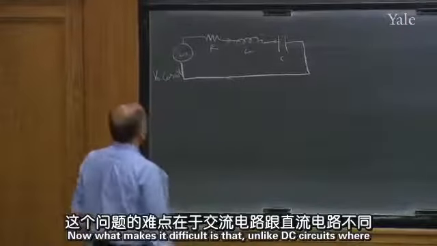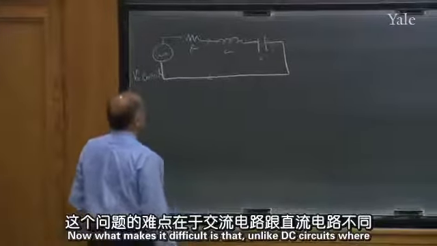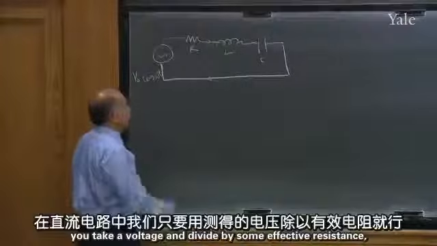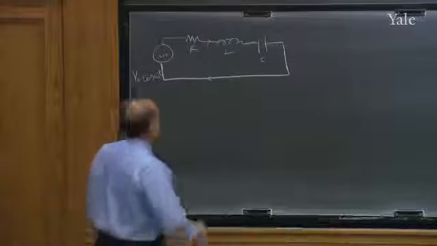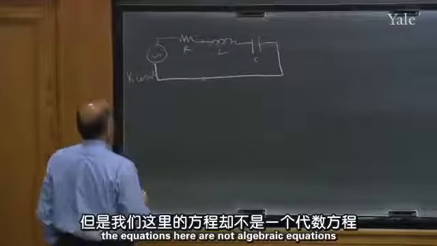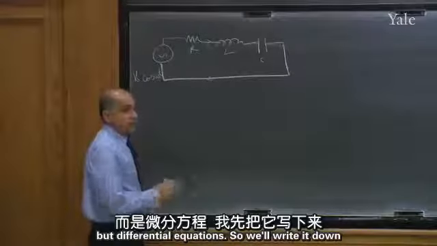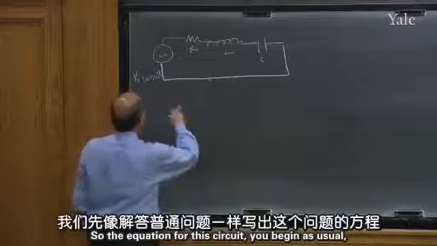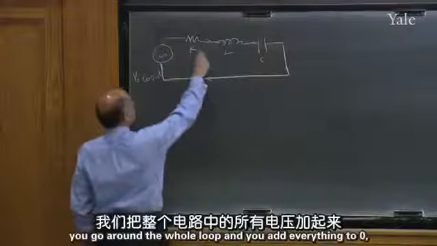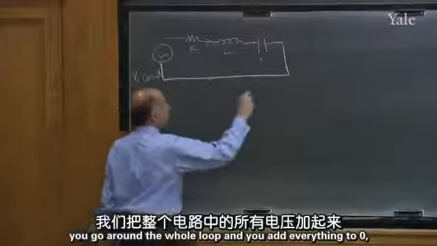Now, what makes it difficult is that unlike DC circuits, where you take the voltage and divide by some effective resistance, the equations here are not algebraic equations, but differential equations. So we'll write it down, then I'll tell you how we handle it. So for the equation for this circuit, you begin as usual, you go around the whole loop, and you add everything to 0.